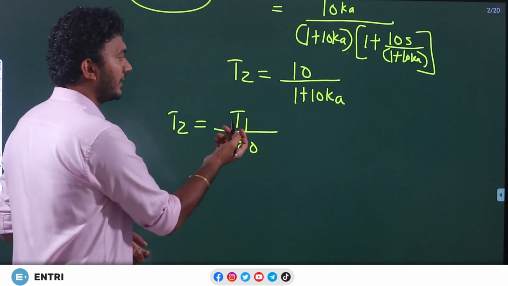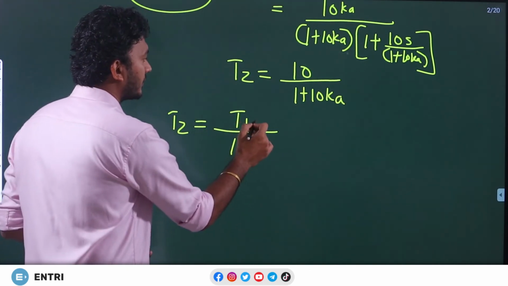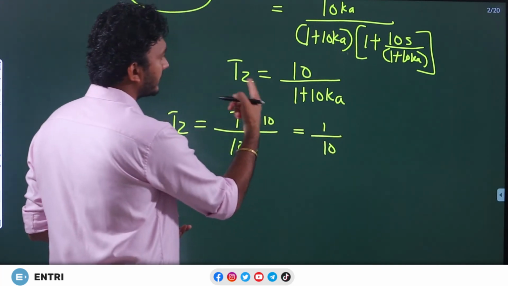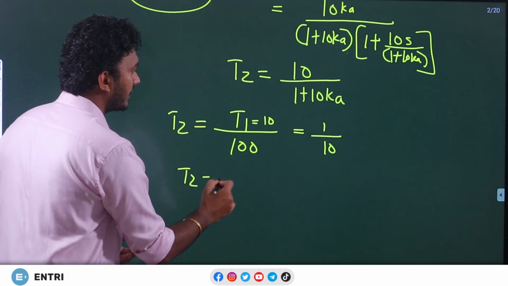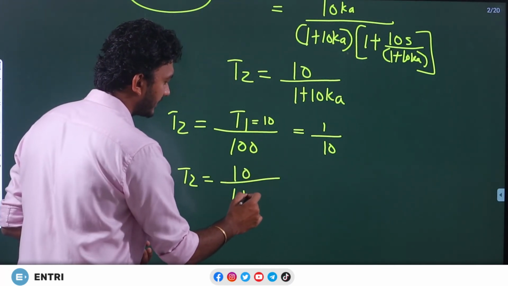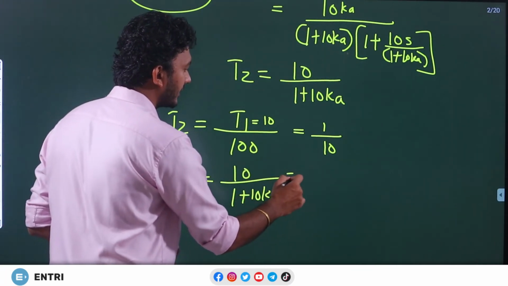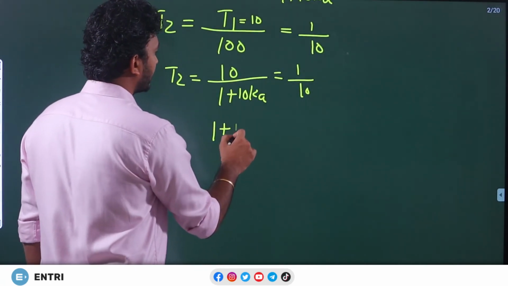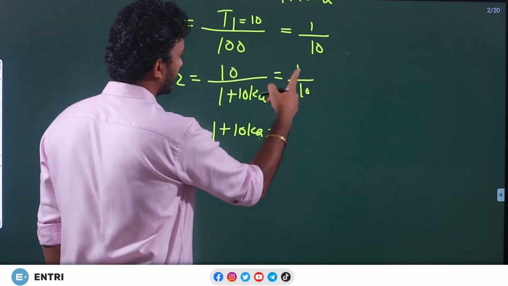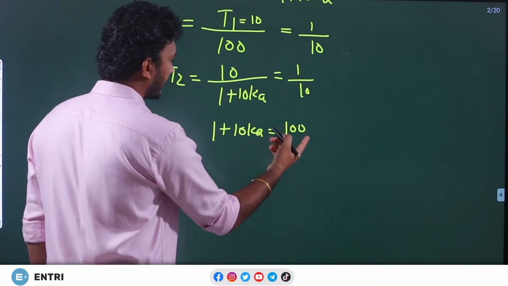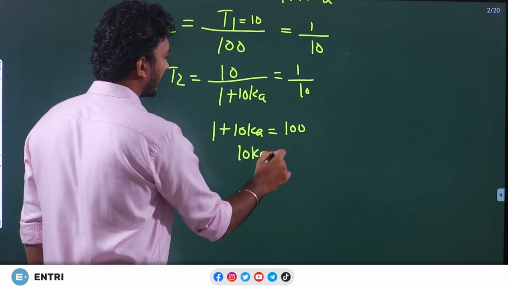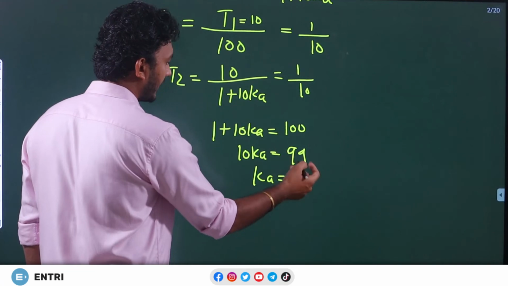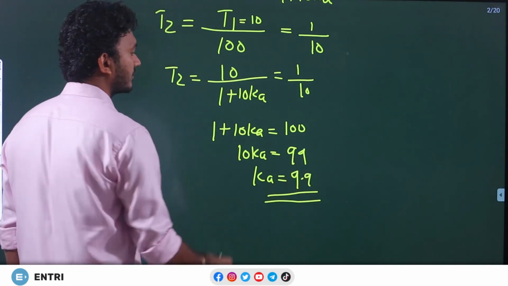T1 is equal to 10, and 10 by 100 is 1 by 10. Now substitute: T2 equal to 10 divided by 1 plus 10 Ka is equal to 1 by 10. So 1 plus 10 Ka equals 100, 10 Ka equals 99, and Ka is equal to 99 by 10, that is 9.9.